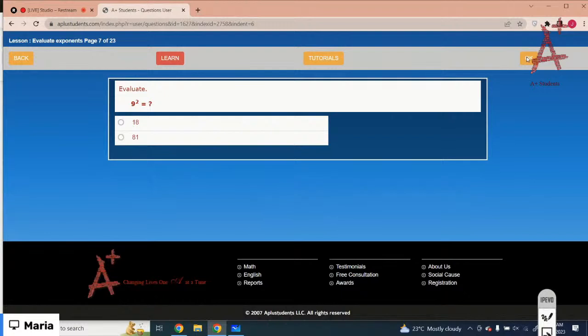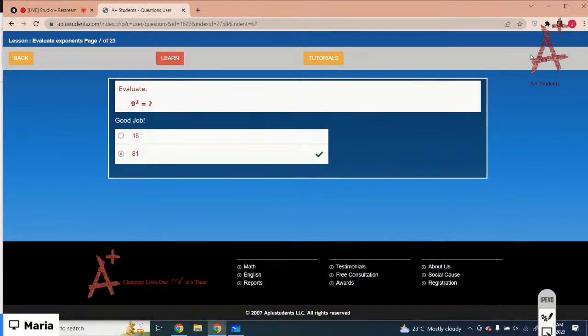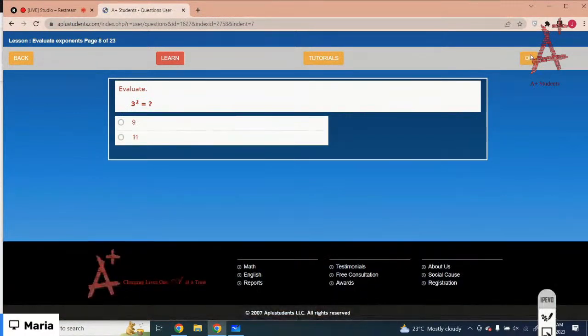Okay, the next one is evaluate 9 square. 9 times 9, and 9 times 9 is 81. So the correct option is 81. Okay, 3 square equals, you have to do 3 times 3. 3 times 3 is 9. The correct option is 9.